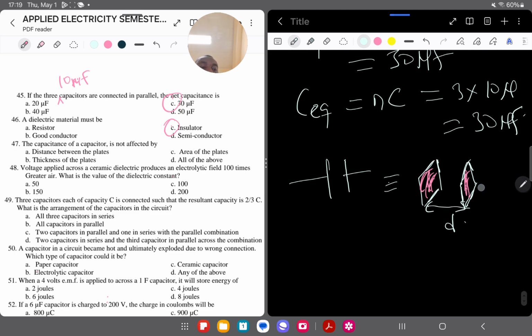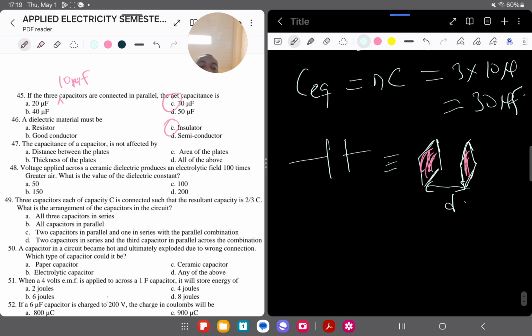So if I have 2 parallel plates, which is a capacitor, the capacitance is equal to the absolute permittivity times area over the distance between the plates. So when it comes to designing the capacitor, the capacitance depends on the area of the plates, the distance between the plates, and the absolute permittivity of the material.